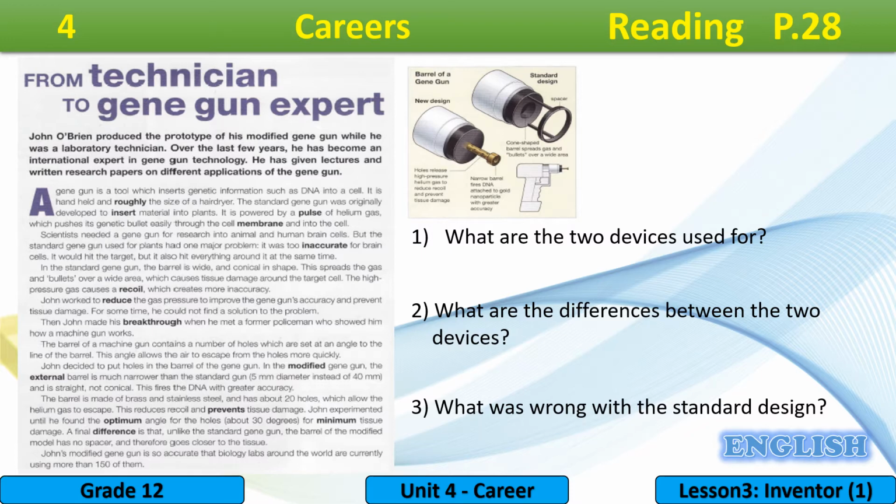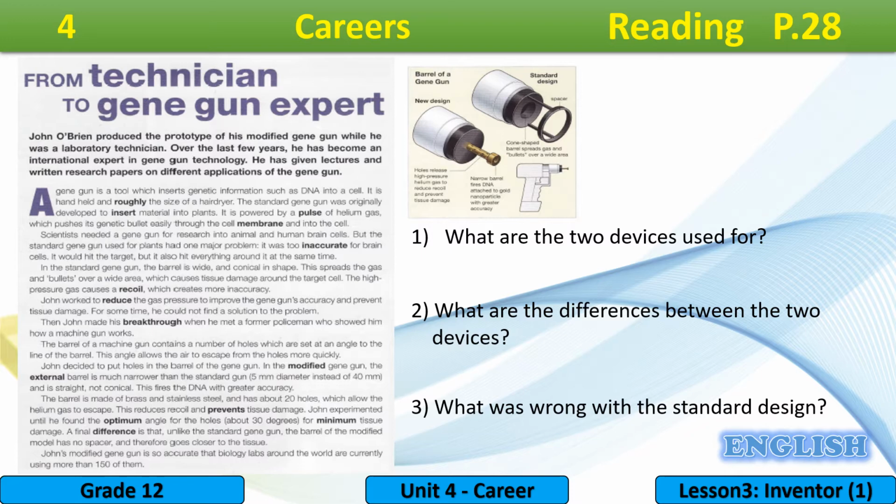The questions are, number 1, what are the two devices used for? Number 2, what are the differences between the two devices? Number 3, what was wrong with the standard design? Now, dear students, please pause the video, read, try to answer, and come back to check your answers.